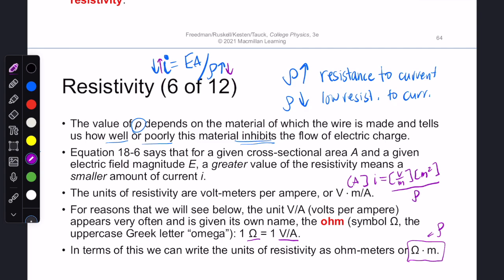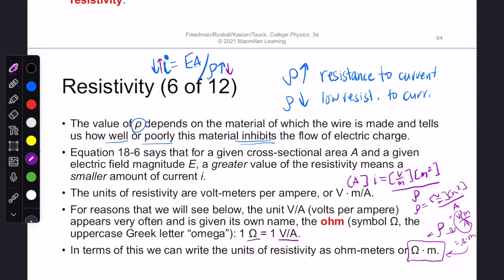So if we solve for resistivity, we basically exchange places with I and rho. The units of resistivity are going to be volts per meter times meters squared over amps, which gives us a volt meter over amp. We call this volt per amp an ohm, which leaves us with ohm meters, which is what we have right here.